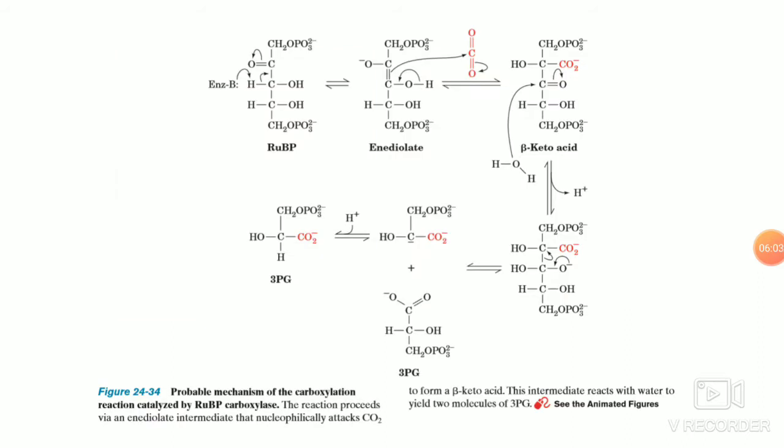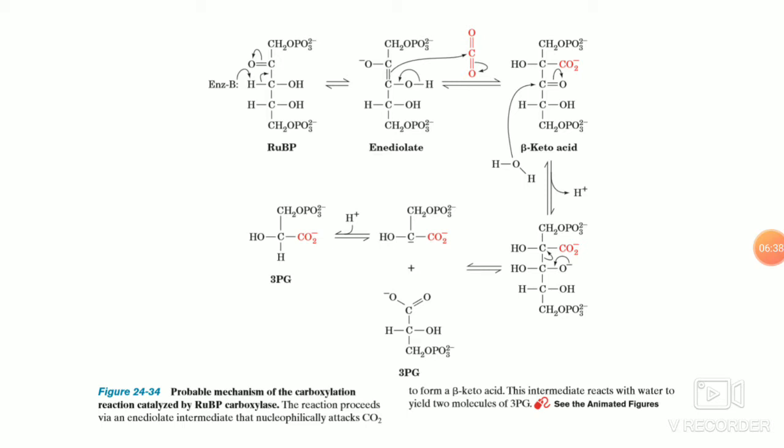The mechanism of action of ribulose bisphosphate carboxylase in adding carbon dioxide is as follows. First, you can see a group on the enzyme abstracts a proton, that is, abstraction of the C3 proton of ribulose 1,5-bisphosphate. This is the rate-determining step.